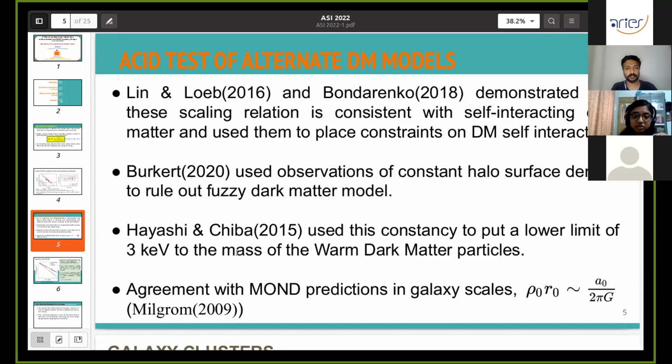Similarly, this constancy was used by Hayashi and Shirasaki in 2015 to put a lower limit on the warm dark matter particle mass.